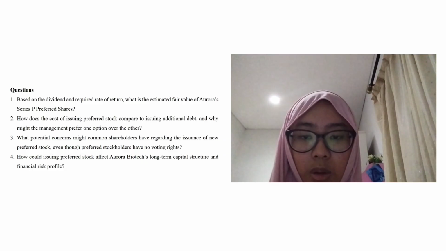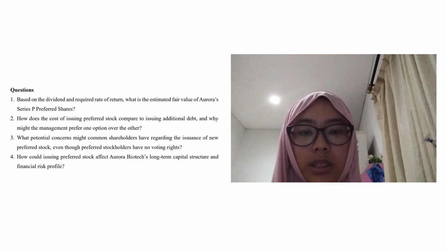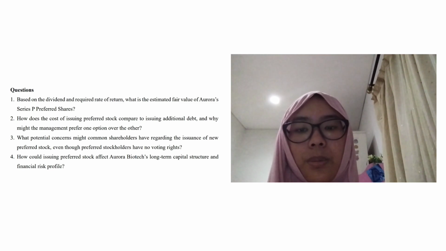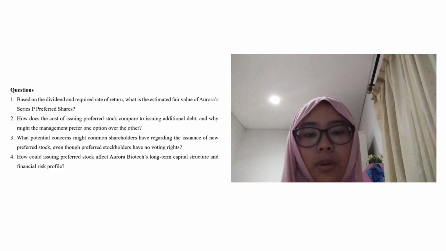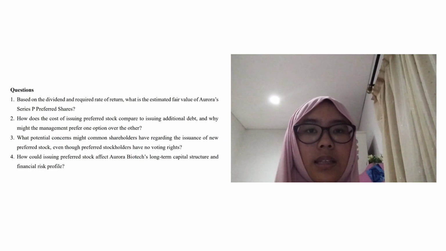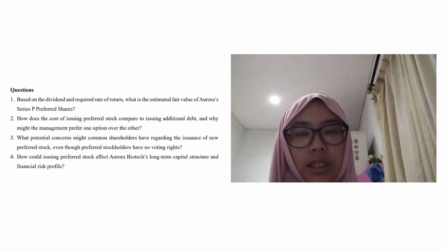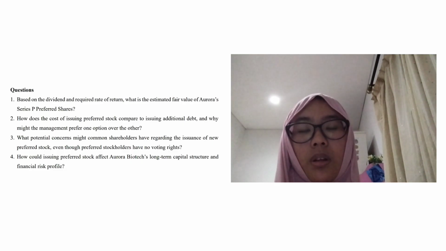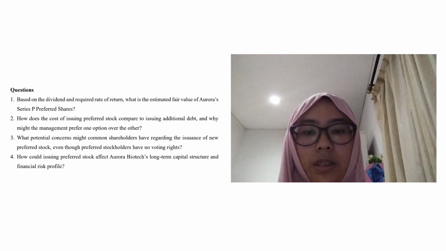As for the last question, how could issuing preferred stock affect Aurora Biotech's long-term capital structure and financial risk profile? Using preferred stock adds a layer of equity-like financing that does not dilute voting power, helping the company stay within its debt limits so that it doesn't go over the debt criteria, and shareholders will see that the company has adequate financial flexibility.